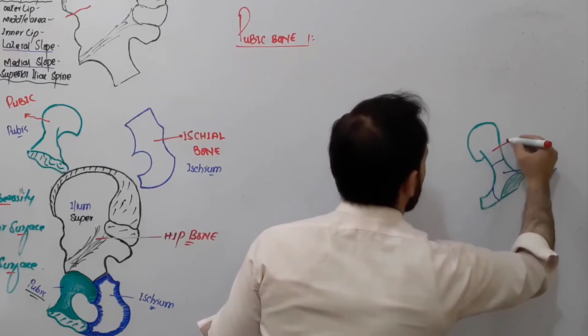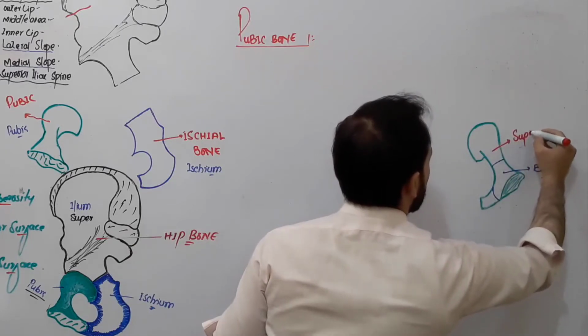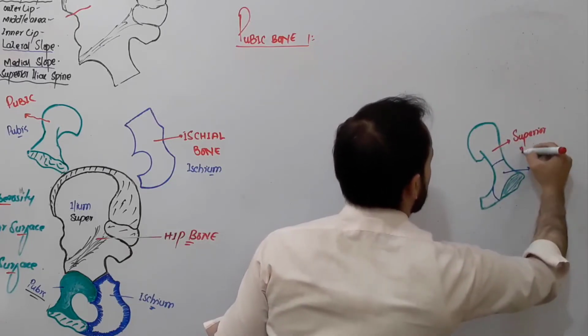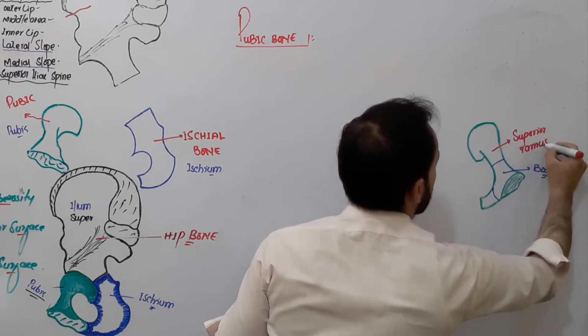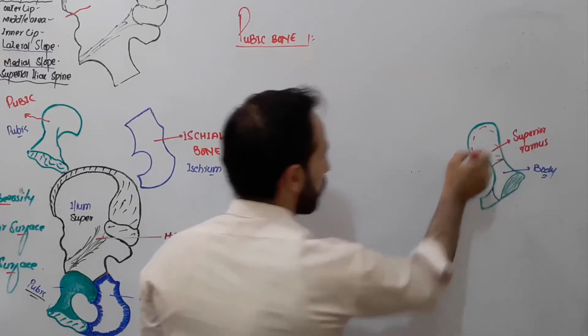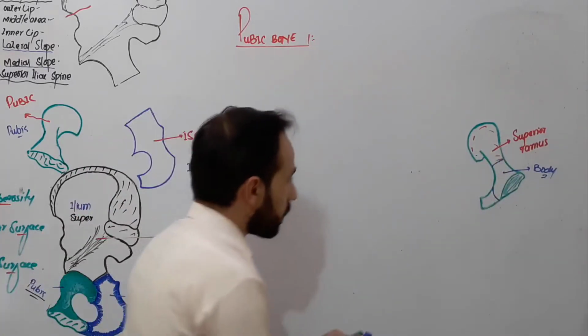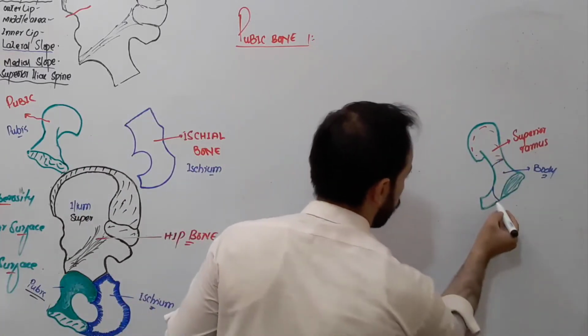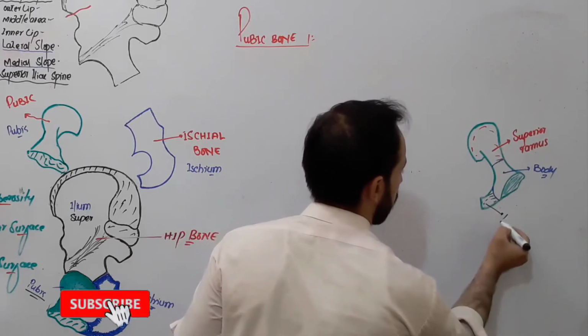Then this part is called the superior ramus, right? From here up to all this part, superior ramus, and this part is called the inferior ramus.